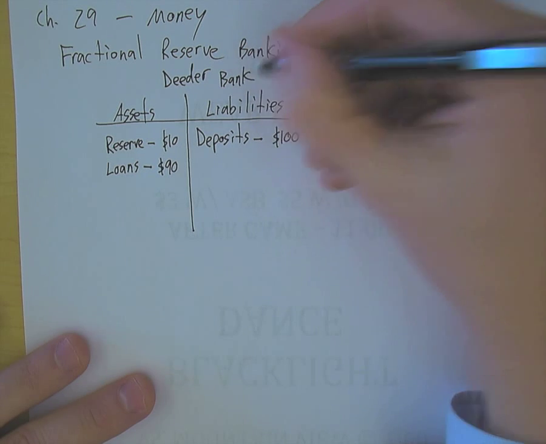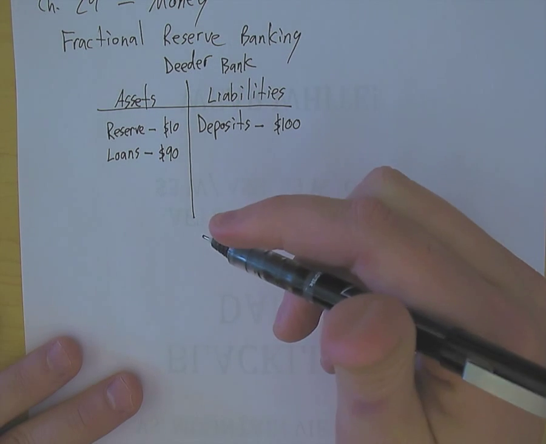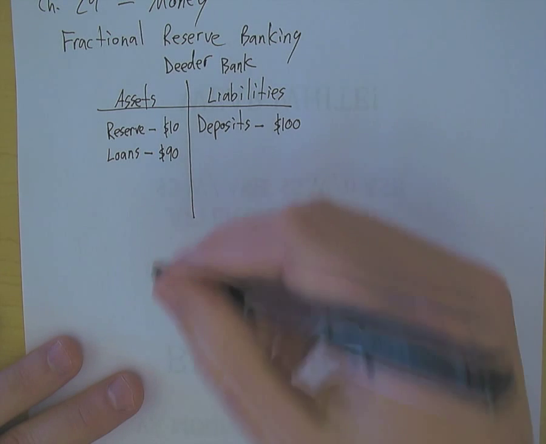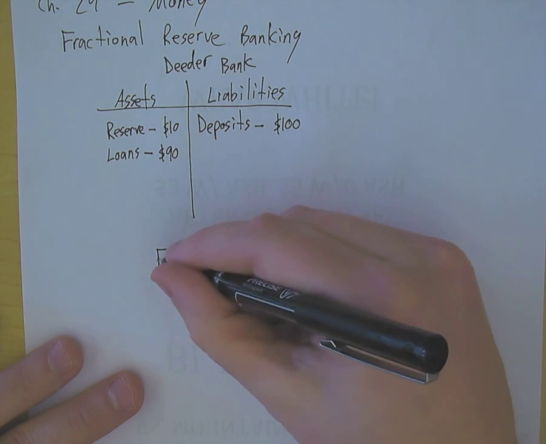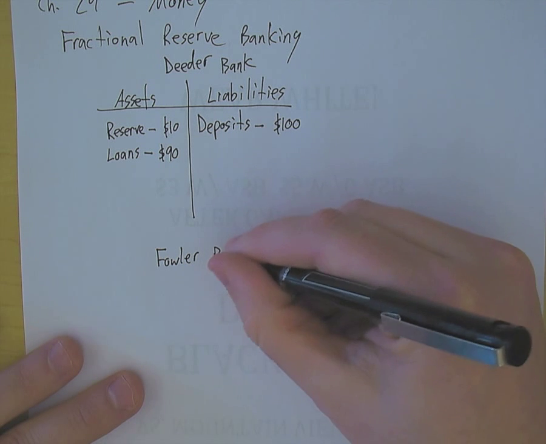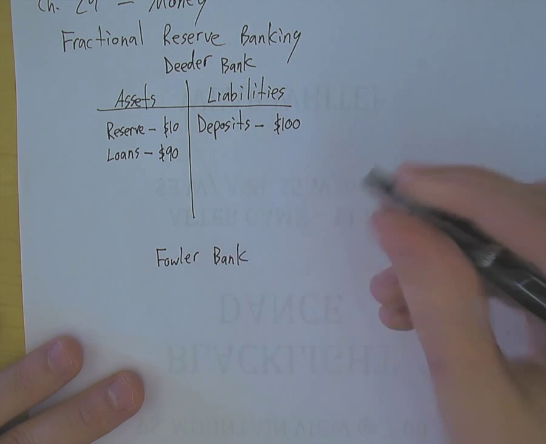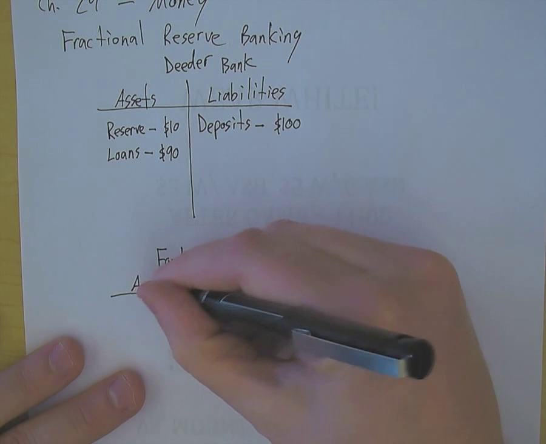Now, the money trail does not end with that. As that money is lent out, people can use it to consume things. So when they consume things, they pay someone for their good. Let's say that someone buys a calculator with the money that they've got from the loan. And that then goes from the merchant into the bank. We'll call this one the Fowler Bank. Same setup with the T-chart.